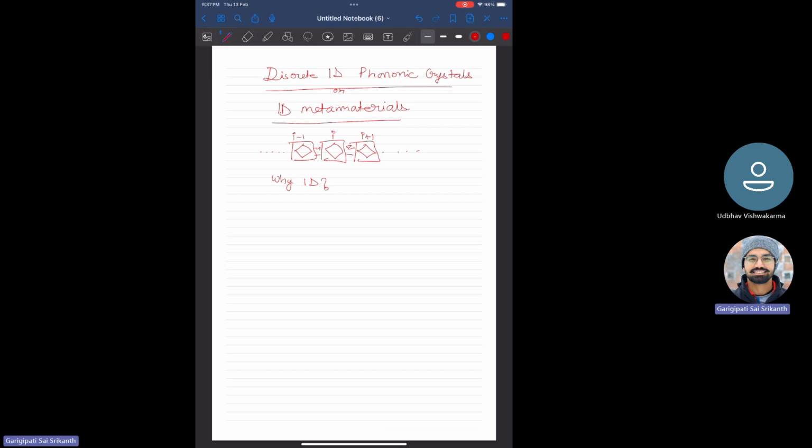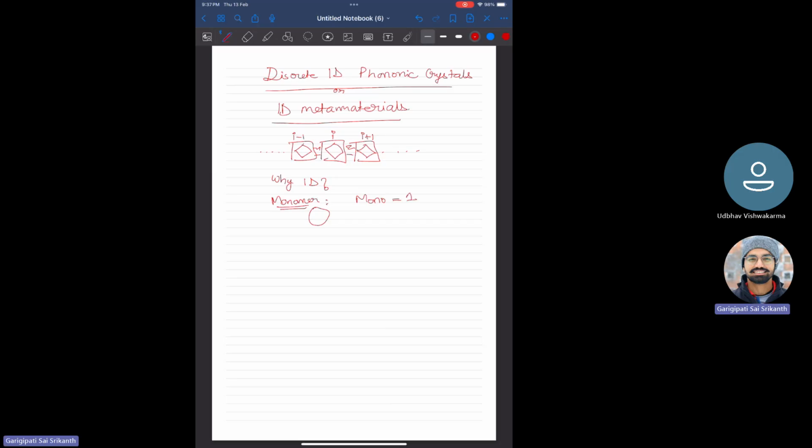So how do we form the periodic coupling? Like how do we understand it? Let's take a simple example. Let's take a monomer. So what is a monomer? Mono means one, right?